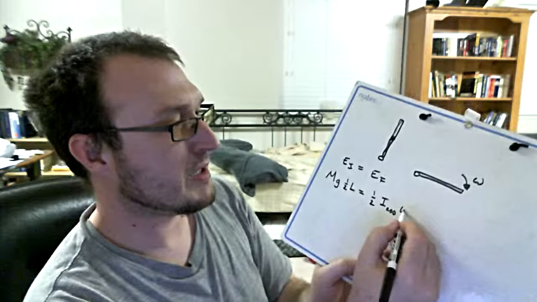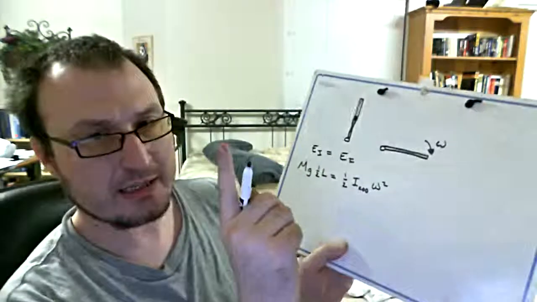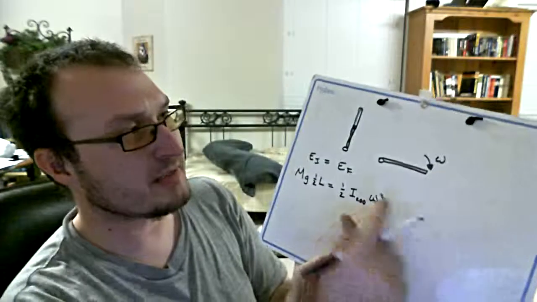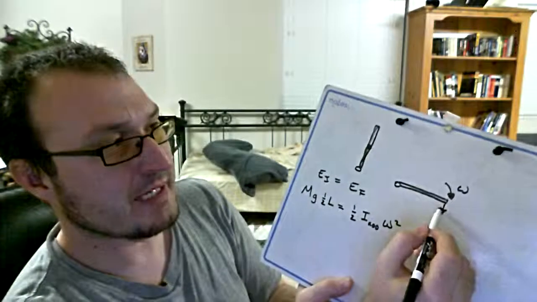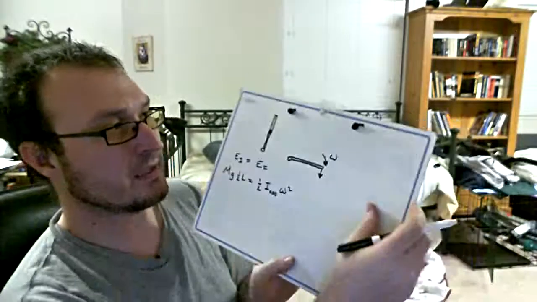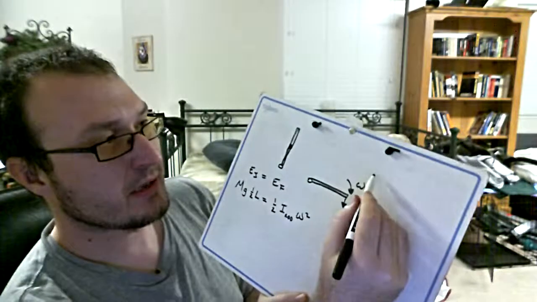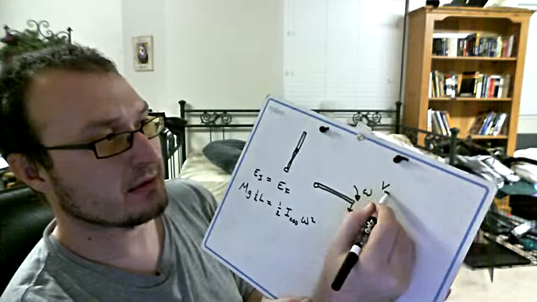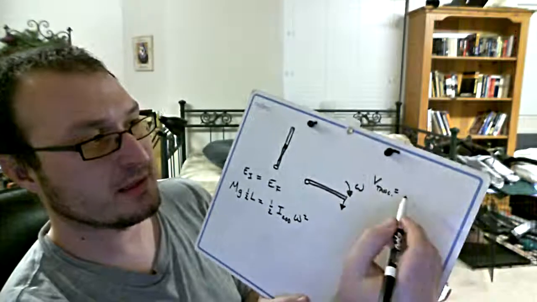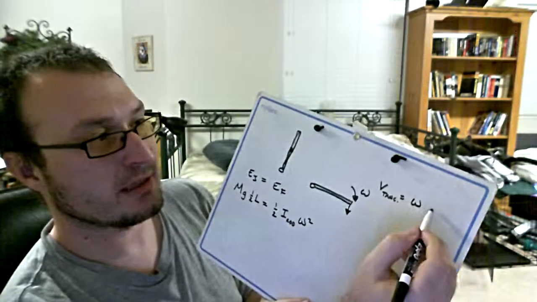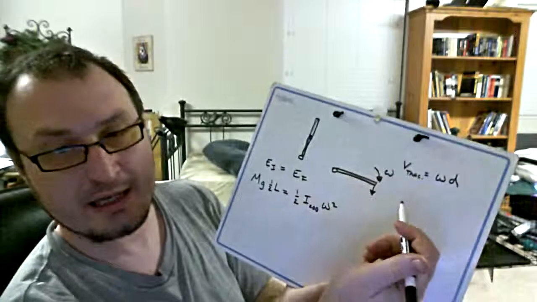times omega squared. And so my thinking in this problem was I want to get omega as fast as I can. If I know what omega is, I can get the velocity at any one point due to the relation, the tangential velocity of any of those points is going to be omega times d, being the distance out to those points.